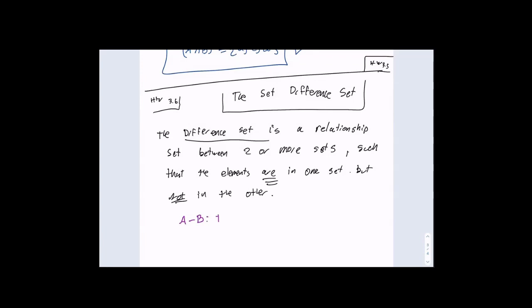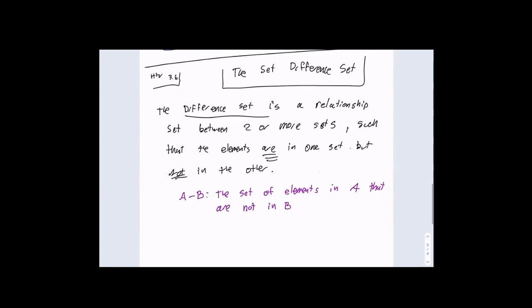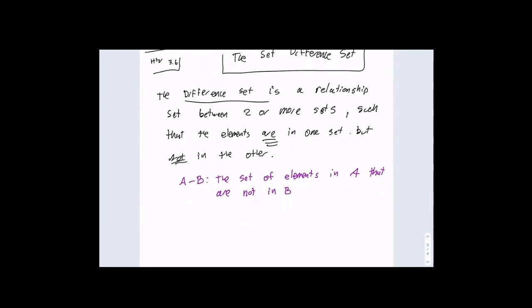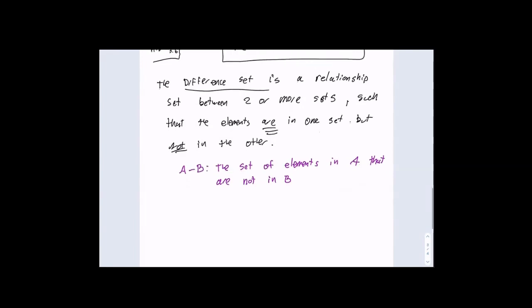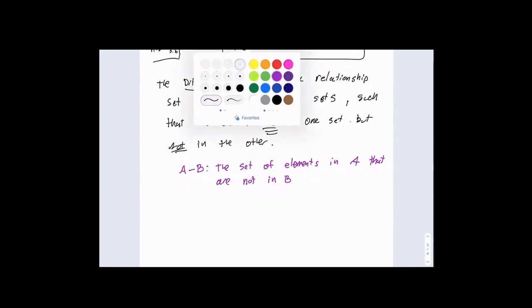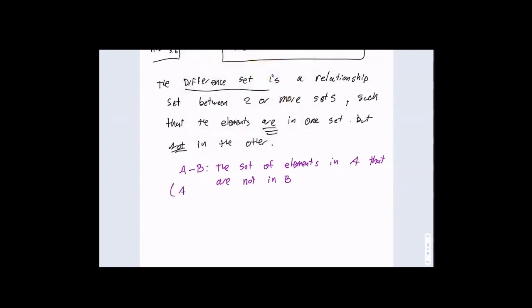This is the set of elements in A that are not in B. We could also write this as A backslash B. These are the two common ways.